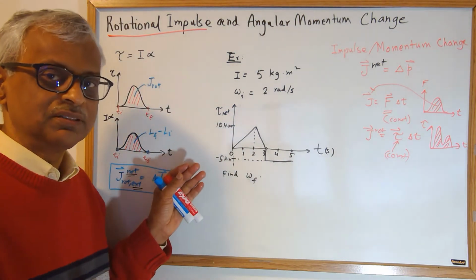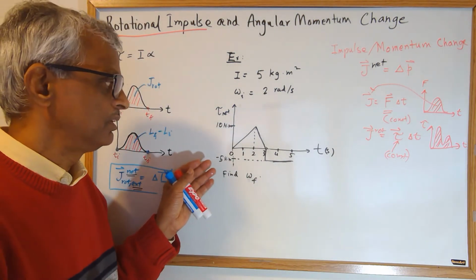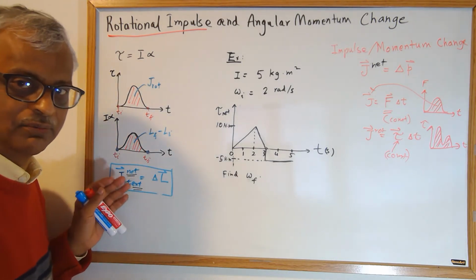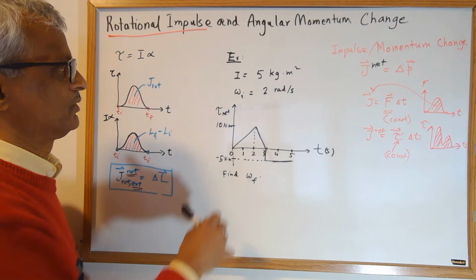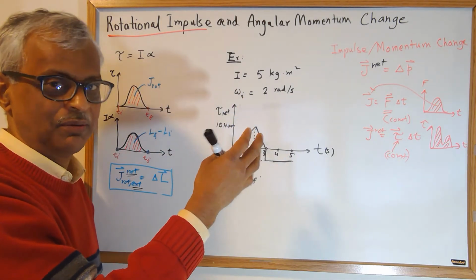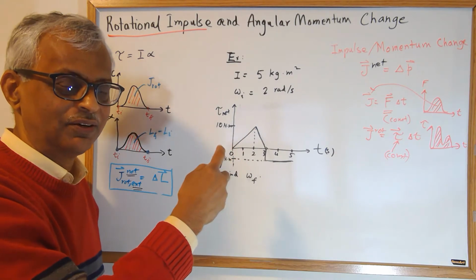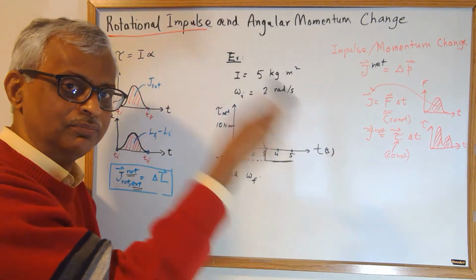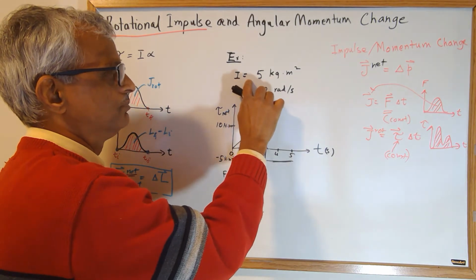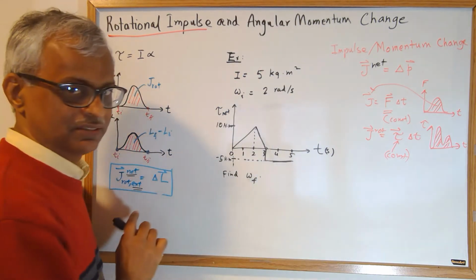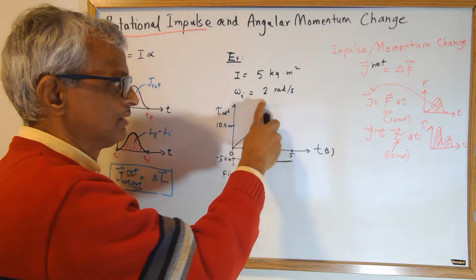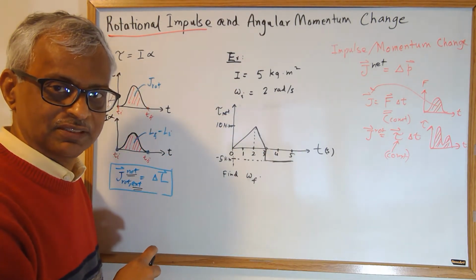I'm going to illustrate with one example of how this helps us solve problems. Assume you have some system, maybe a bicycle wheel or a bar or arm. It has a moment of inertia this much, and suppose it was rotating initially at this speed.